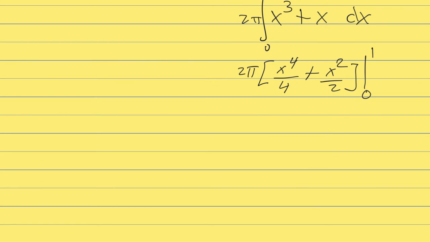Evaluating these at 0 and 1 is going to give us 2 pi times 1/4 plus 1/2. We don't need to worry about the lower limit. Since the lower limit is 0, we'd be minusing a 0 anyway.